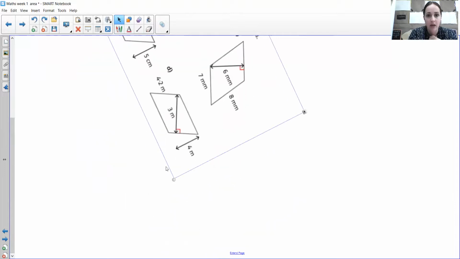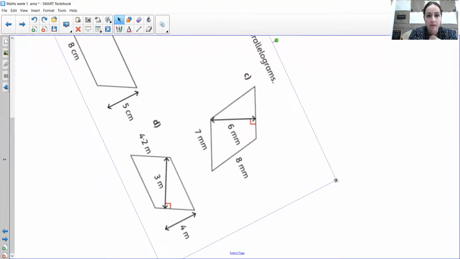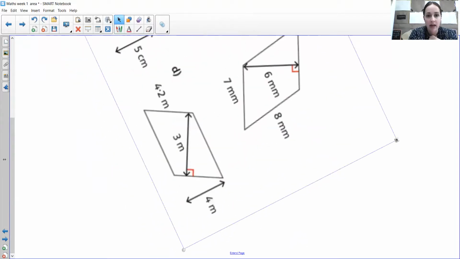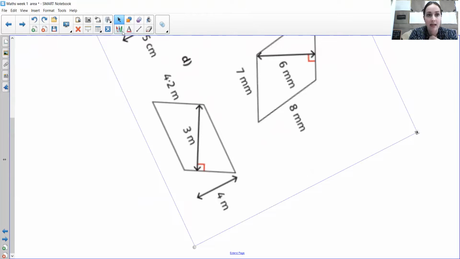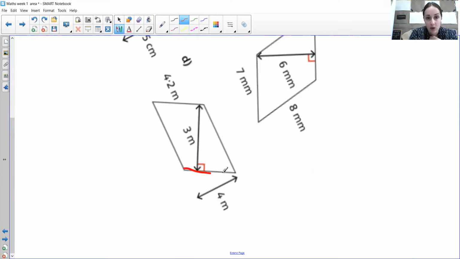Okay, I've done it like this so that this line here becomes my base. And I'm now looking for which line meets it with the perpendicular height. Have a look. What do we think?